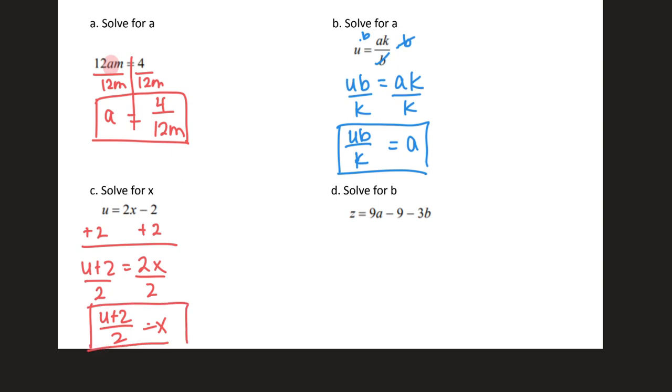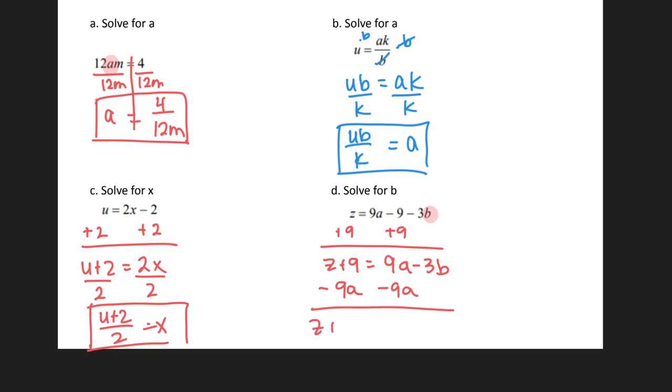Number 9. Letter D, we're solving for b, which is this very last term. So I need to get rid of the 9a and the negative 9. So I'm going to get rid of the 9 first by adding it. So I have z plus 9 is equal to 9a minus 3b. Now I'm going to subtract the 9a.